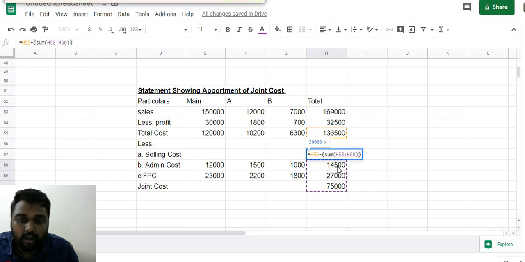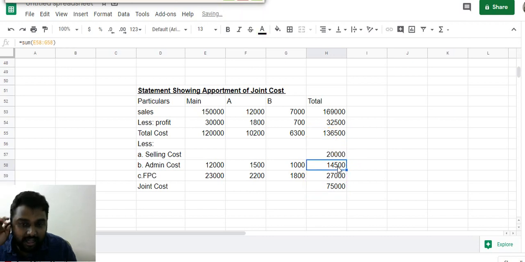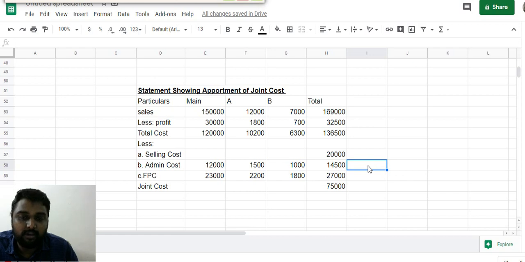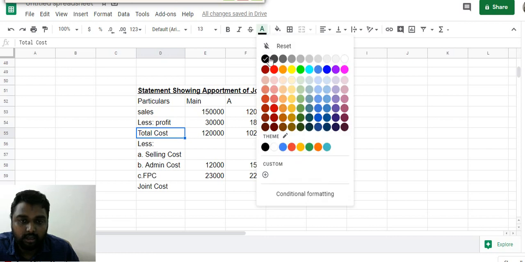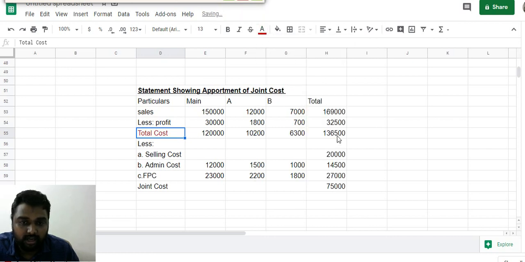So admin expense will be 20,000. That means 1 lakh 36,500 is the total cost.